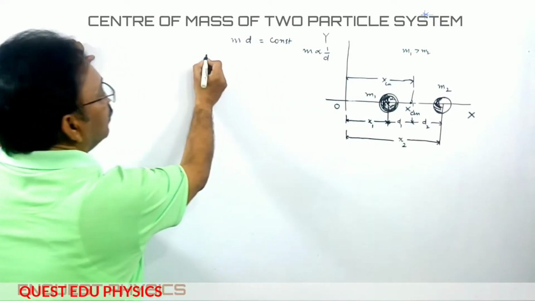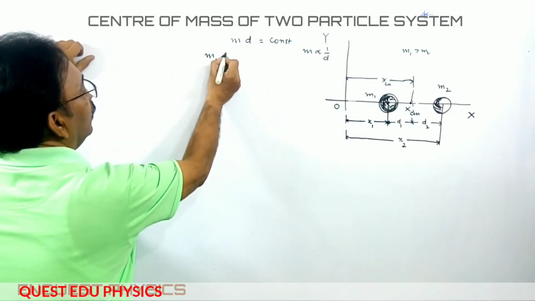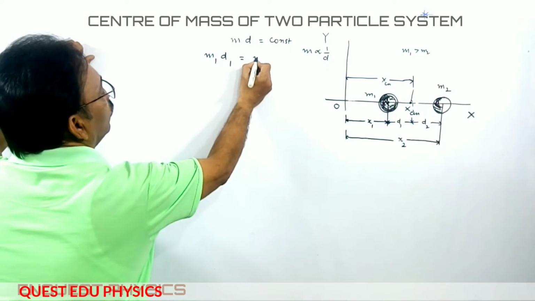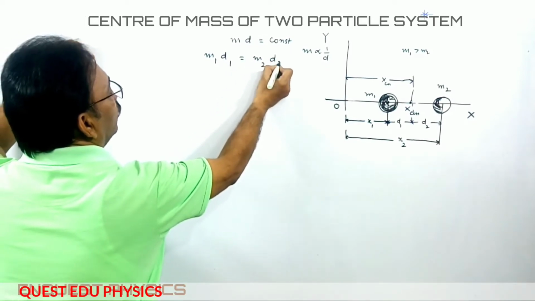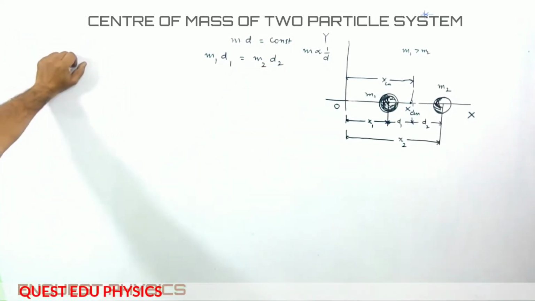Here it can be written as m1 d1 is equal to m2 d2, and so on, equal to constant.